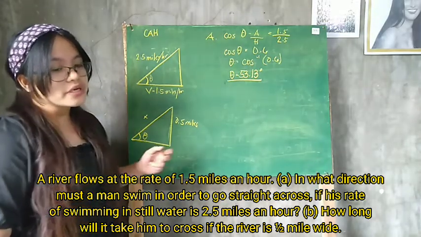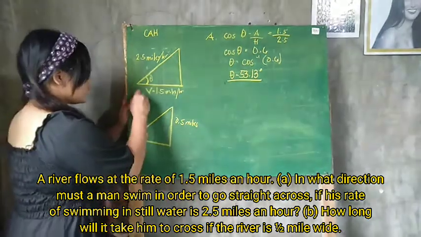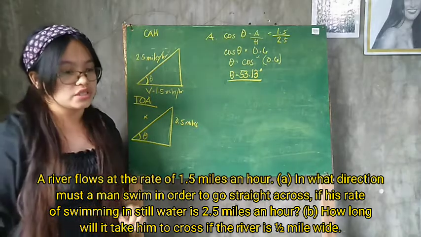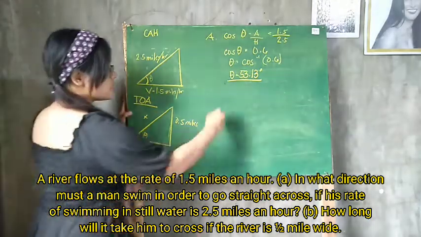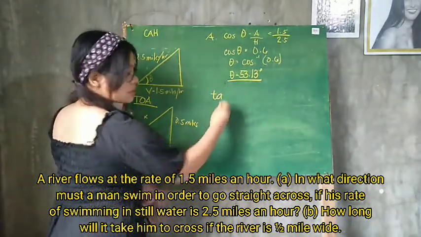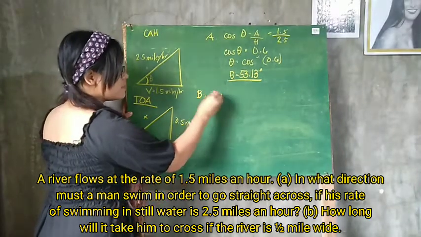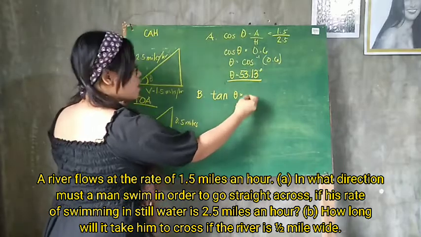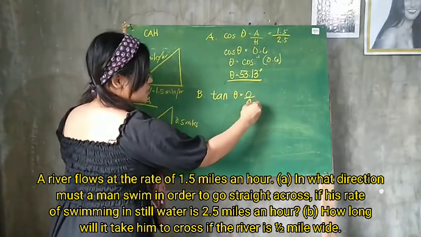And so what we're going to do is use the TOA, or the tangent, which is opposite over adjacent. This is the letter B problem. Tangent theta is equal to opposite over adjacent.